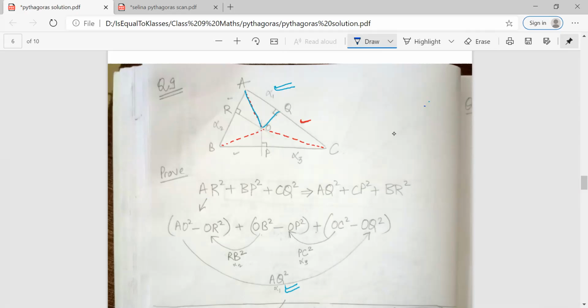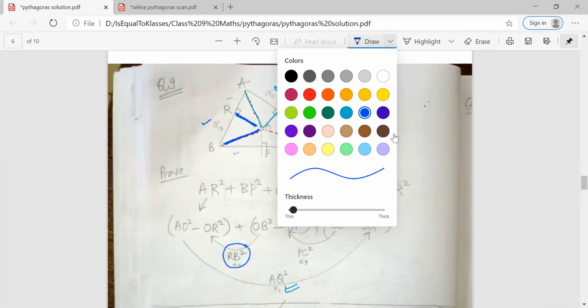When I look at OB square minus OR square, that would be equal to RB square. This is my RB square. Any doubt? No, sir.